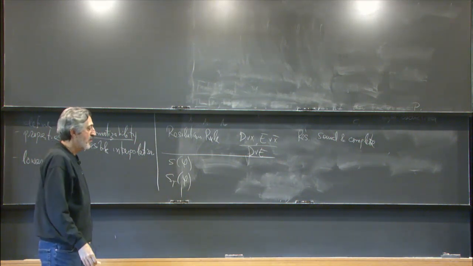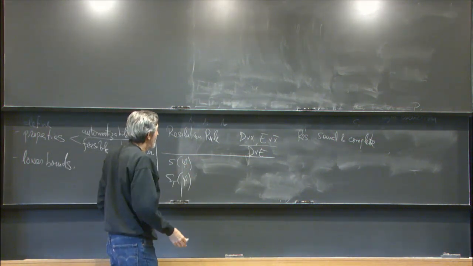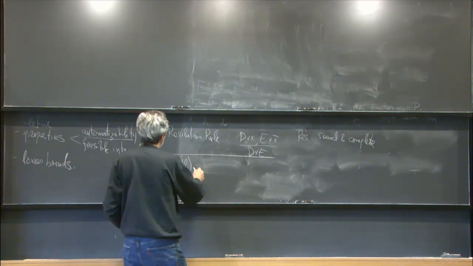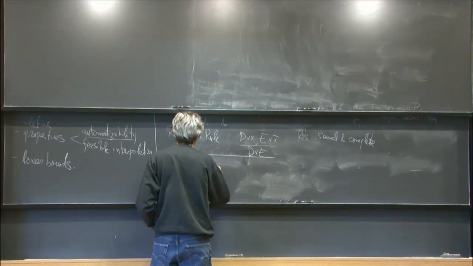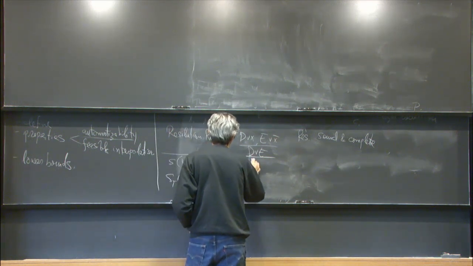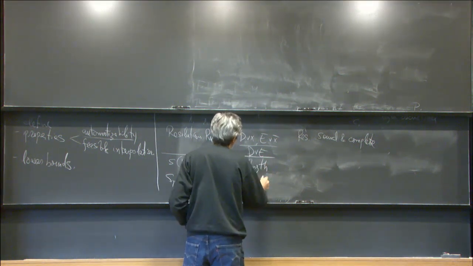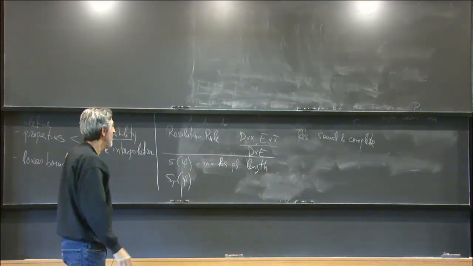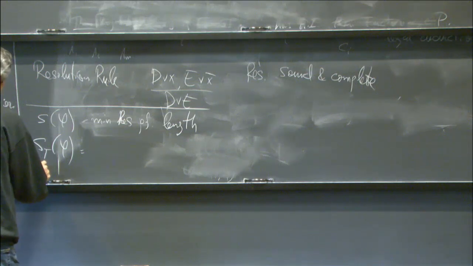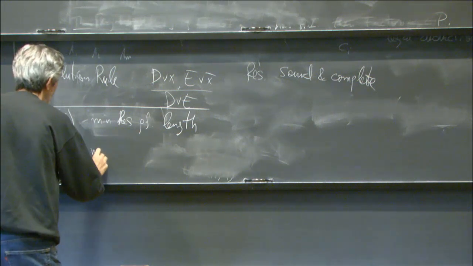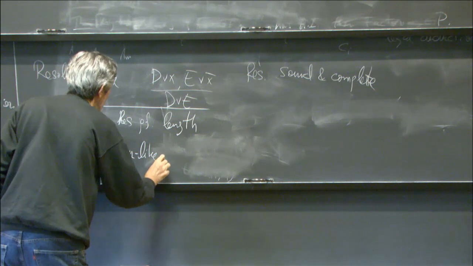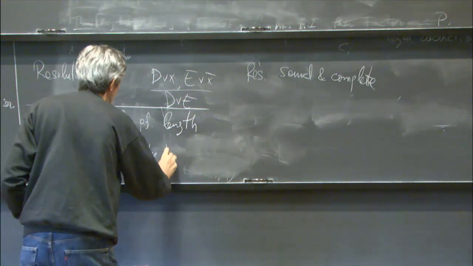For any tautology, for any contradiction, we will be interested in two length parameters. The size, the length of the proof for pi, is just the minimum resolution proof length. That's the normal thing, just the length of the sequence. And for ST, this T is for tree, so it's the minimum tree-like resolution.